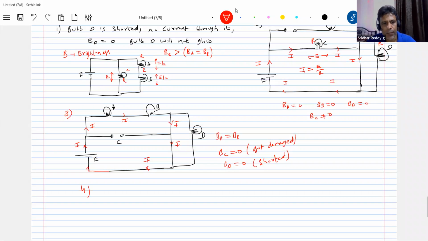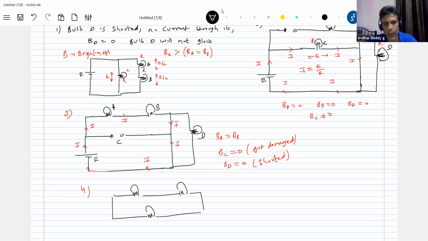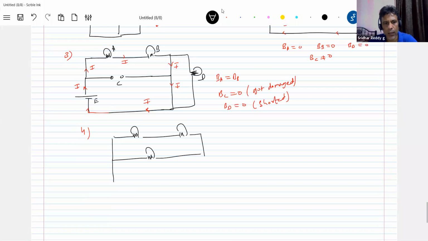Third case, if bulb D fails. Bulb D fails means I should put an open circuit.